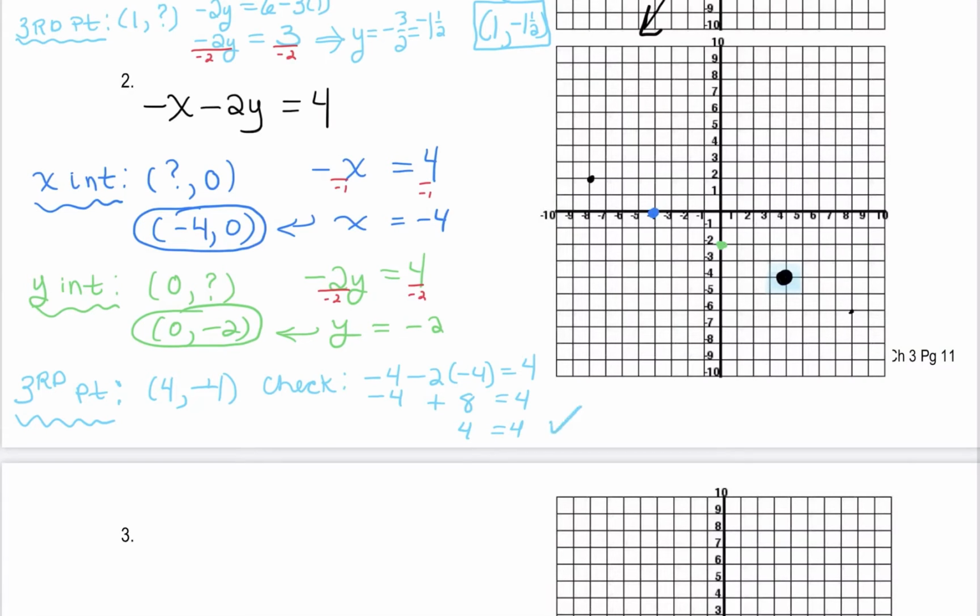So that's what I tend to do a lot of times when I'm trying to find a third point: I extend my slope, hoping and assuming that my first 2 points were correct, in this case my intercept points, and then I definitely check it and make sure it works. That's what I might do for a third point: pick one and then check it.